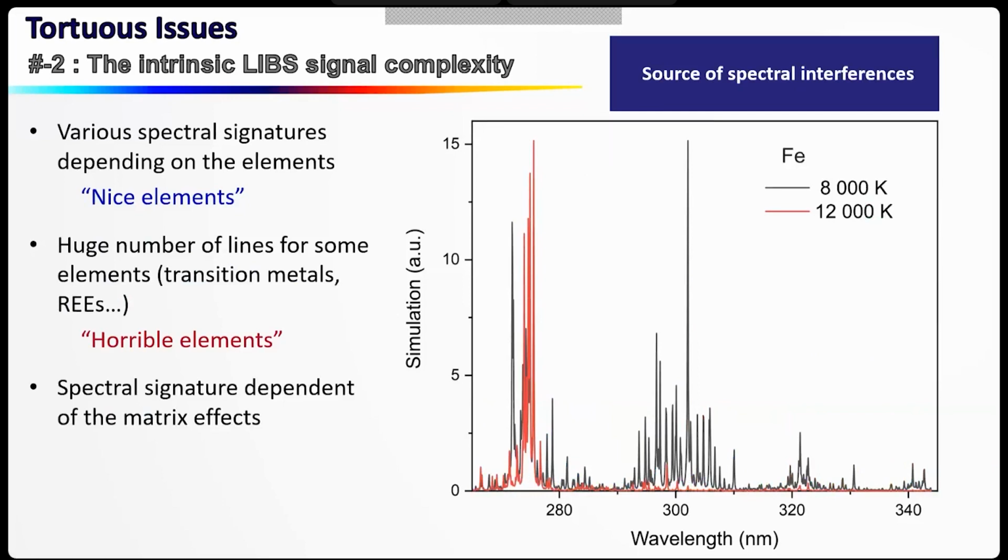Here, in red, you have the signature of iron in a hot plasma, mainly the ionic lines of iron. While in gray, you have a low temperature plasma with mainly the atomic lines of iron. So each line, each element will move depending on the fluctuation of your device, the matrix, and so on.